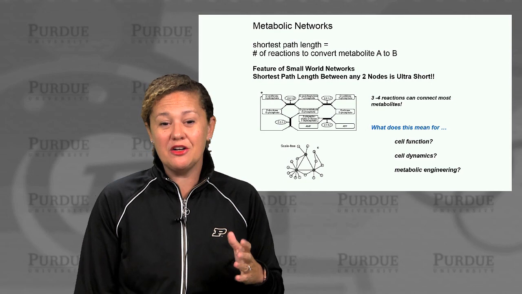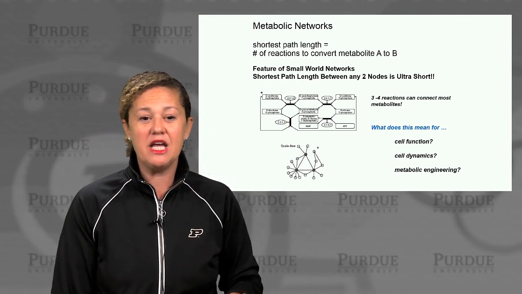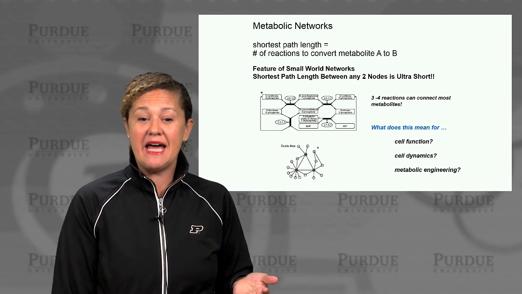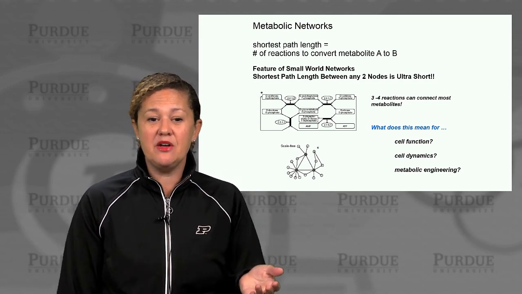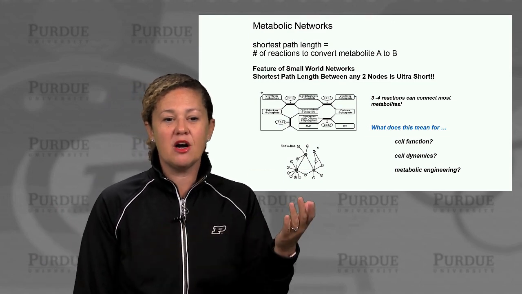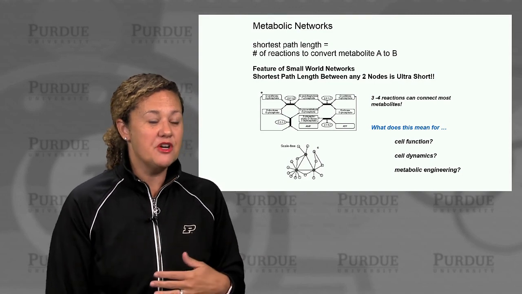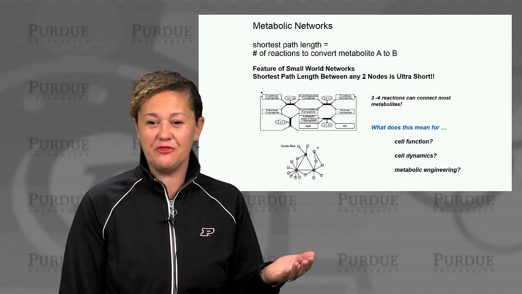Maybe a more modern example of this is to think about your Facebook page, right? You could probably get from you to anybody else in the world by a surprisingly small number of steps because there are people out there who are highly connected nodes, people that have ridiculous numbers of Facebook friends, right?